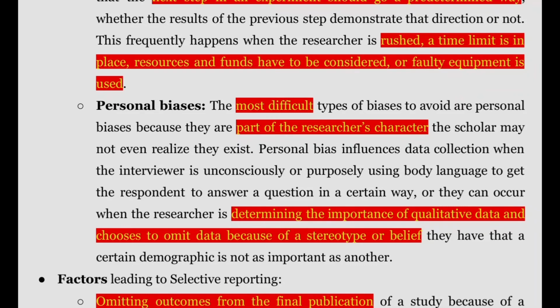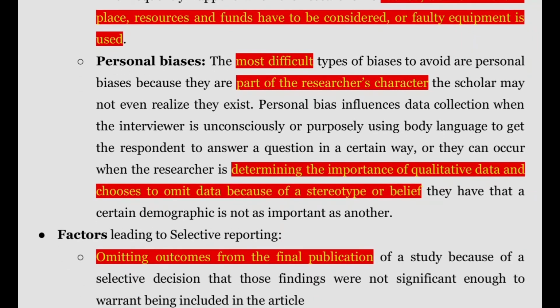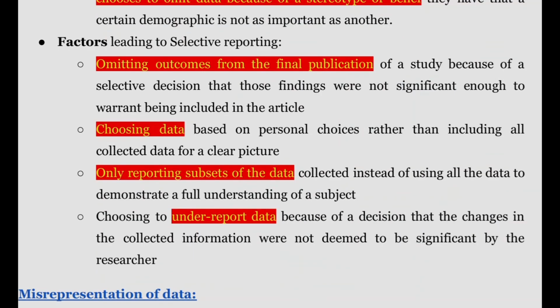Personal bias influences data collection when the interviewer unconsciously or purposely uses body language to get the respondent to answer a question in a certain way, or when the researcher is determining the importance of qualitative data and chooses to omit data because of a stereotype or belief that certain demographics are not as important as another. The factors leading to selective reporting are: omitting outcomes from the final publication because of the decision that those findings were not significant enough to be included in the article.